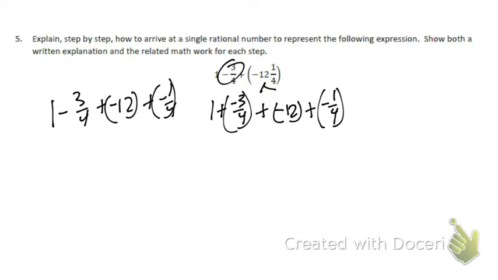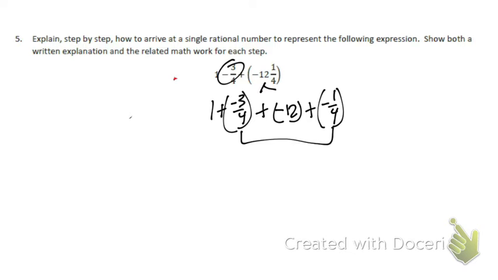If you don't change it to plus negative 3/4 right here, it looks like it's just a regular 3/4, right? It'll make it kind of confusing to add. That's why I like to change everything to adding the opposite. Because this just looks like a 3/4, and you do 3/4 plus negative 1/4 makes 2/4. But that's not a 3/4, right? That's a negative 3/4 because we're subtracting it.